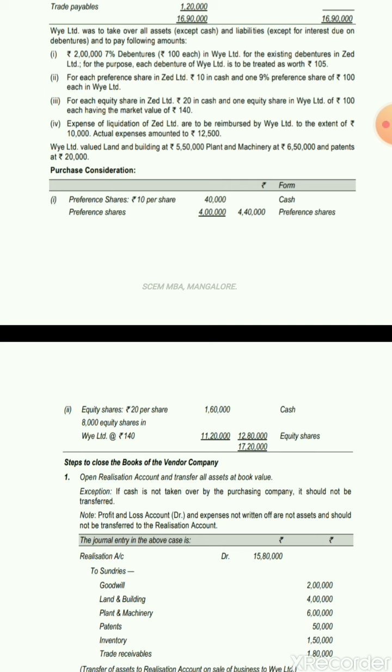So that is the information with regard to liquidation expenses. And they have mentioned Y Limited valued land and building at 5,50,000, plant and machinery 6,50,000, and patents at rupees 20,000. So these are the revalued values which we should take into consideration when we form the journal entries in the books of purchasing company, not in the books of selling company.